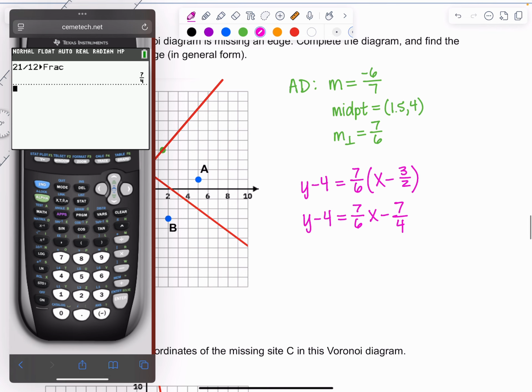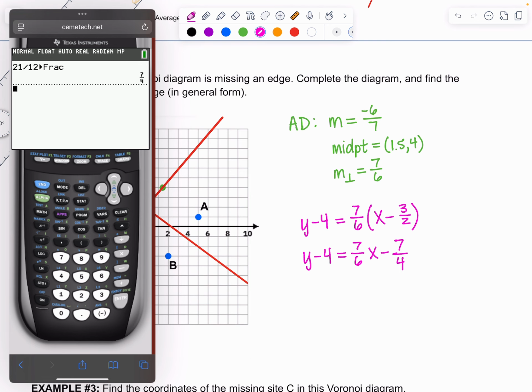right? Then the next thing that you would do, it says in general form. Remember, general form is ax plus by plus c is equal to 0. So I want to get everything to one side by itself, and I don't want any fractions. So I would say take that 7 over 6 x over, make it negative.